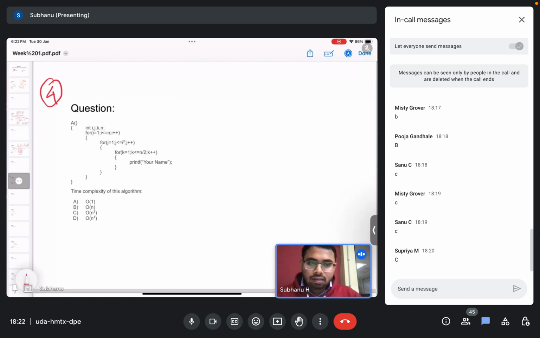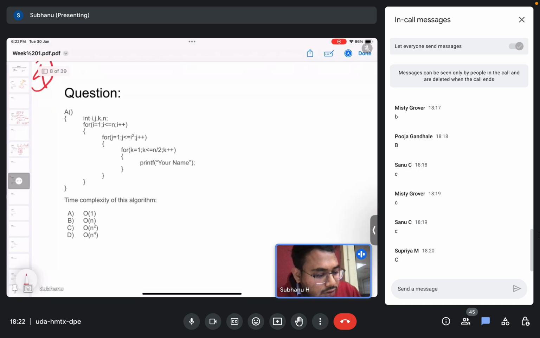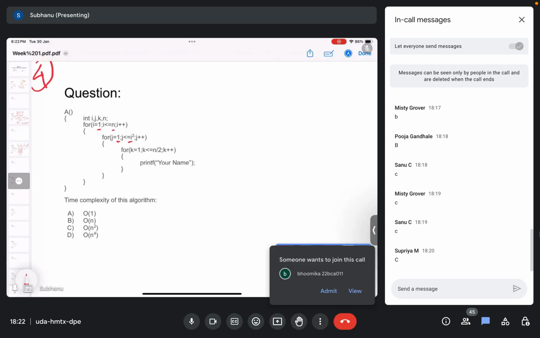Please try to solve this question in the way I showed you just now. Start from k equal to 1. Check the condition of i going from 1 to n. Check the condition of j now going to i square. Whenever j is less than or equal to i square, up to that j will run.